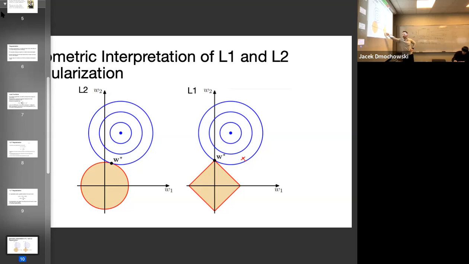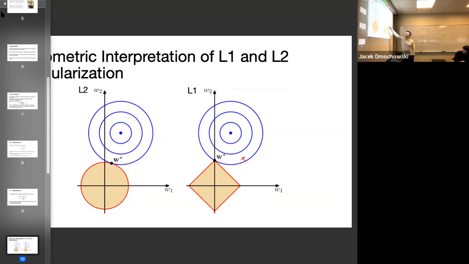And this is the L1, this is that absolute value norm. This is the sum of absolute values. And you see here that, if you're trading off these two, so if you have to pick something that is not outside of this rectangle, but minimizes these contours, it would in fact pick this, right?